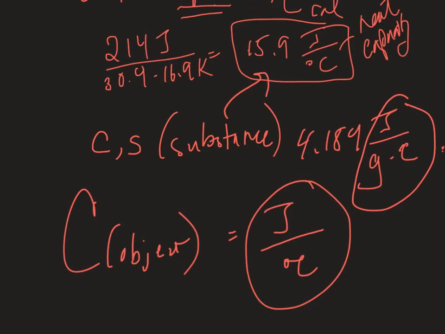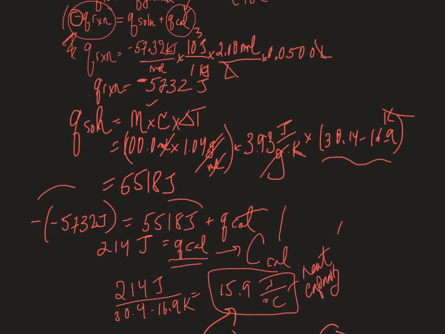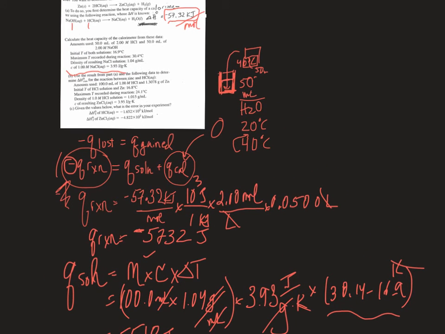So, just to reiterate what we've done, we have now solved for the heat capacity of our cup, our calorimeter itself. We are going to use this value moving forward, because that was just part A of this really difficult experiment.